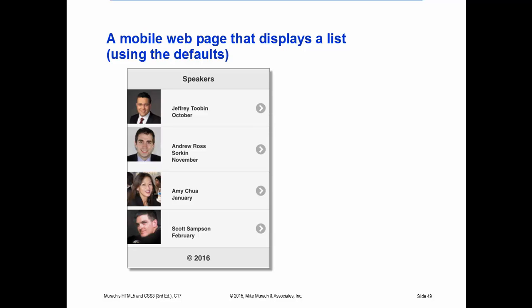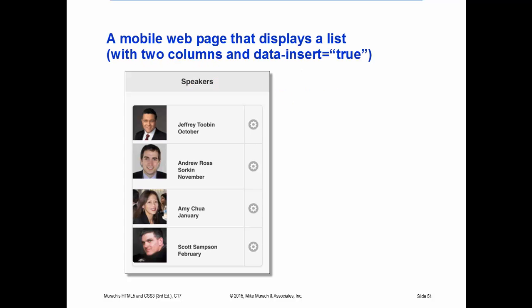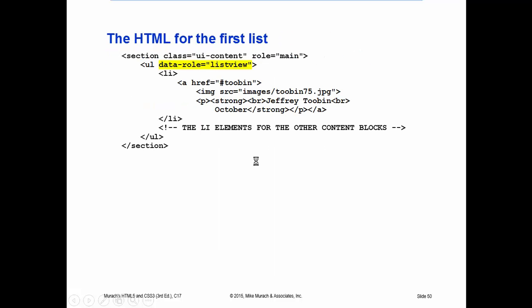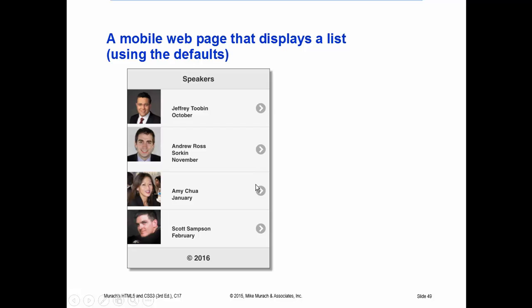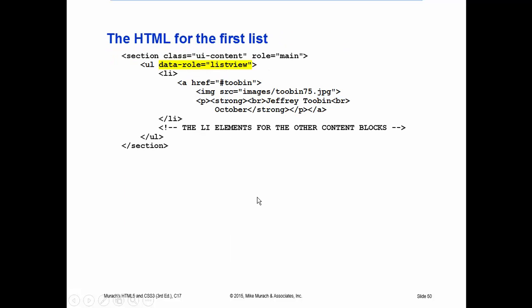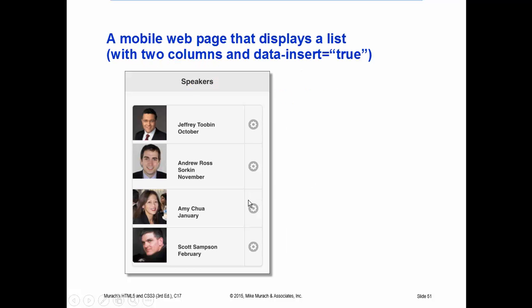In the second example, the user can tap on the image or the text to go to the speaker's page, or the user can tap on the gear icon on the second example here if they want to buy tickets to hear that speaker. But you'll notice, other than having the arrows as opposed to having the gear icon, there really isn't too much of a difference between these.